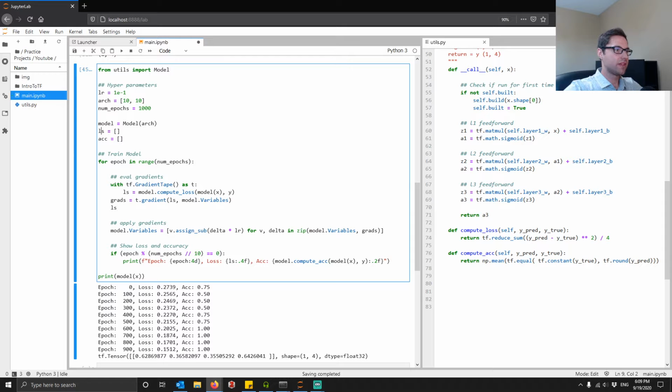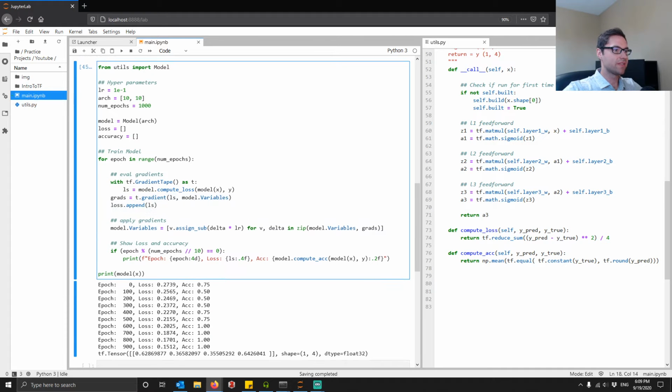You obviously cannot call it the same thing. So loss and accuracy are those empty lists. Our loss is going to be just loss.append ls, so that every iteration is just going to append it to loss.